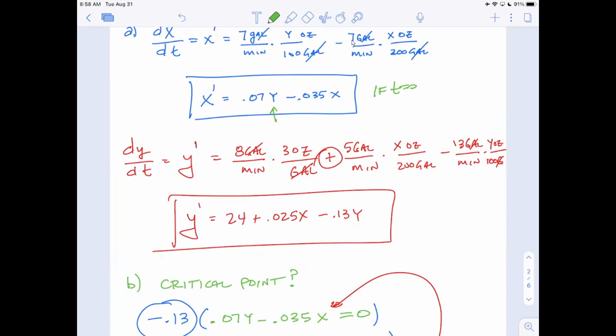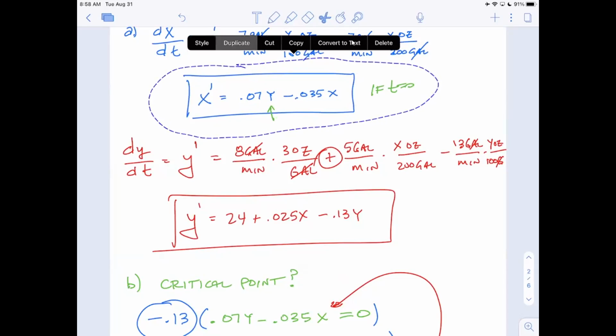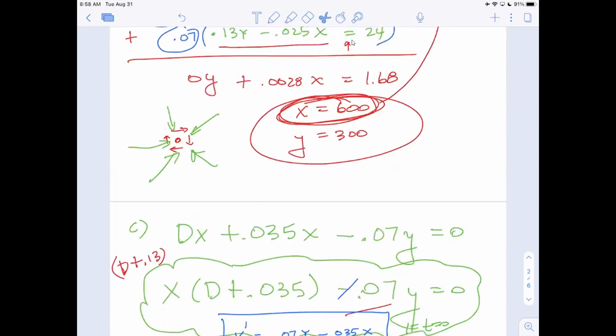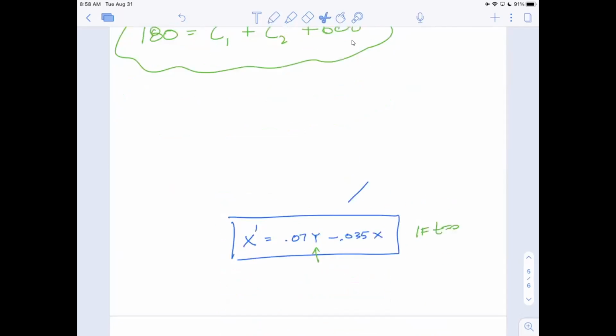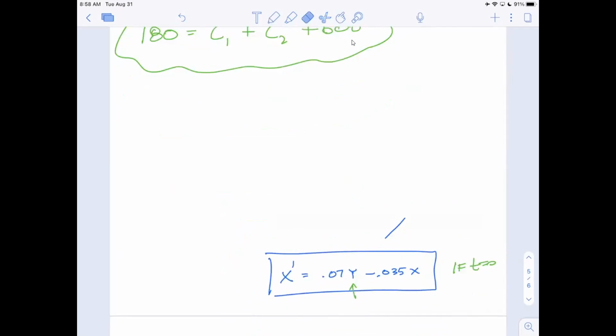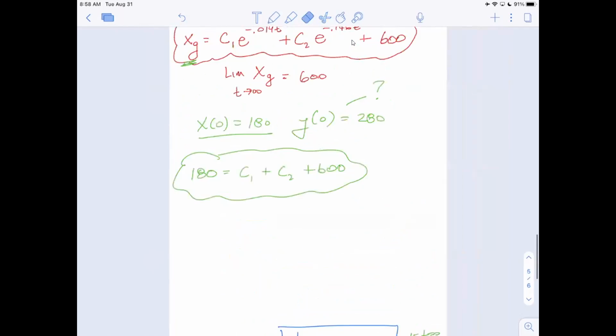So yeah, maybe that is going to go somewhere. Let's just store this down here. Think about it a little bit.